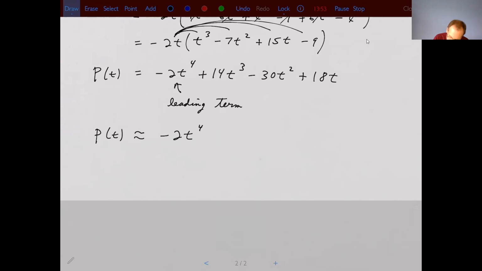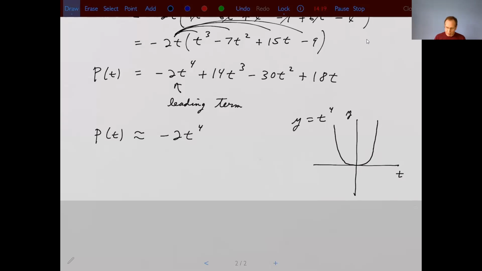If I plot y equals t to the 4th, so if this were t and this were y, remember it looks like a parabola, but it's going to be flatter. So something like this, right? It'll be flatter near the origin. And then what does the negative 2 do?